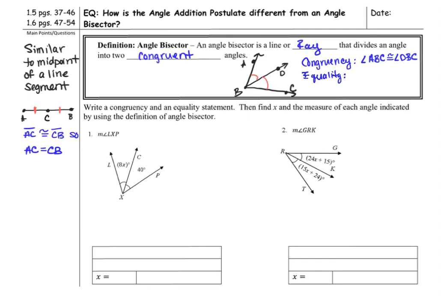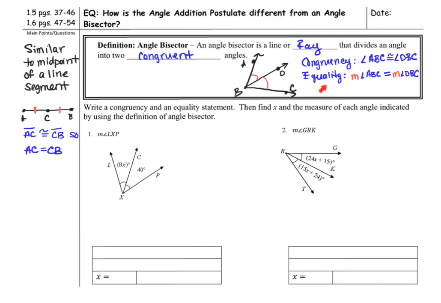It's going to have the M in front. That's signifying that we're looking at a measurement. So this means the measurement of angle ABC is equal to the measurement of angle DBC.